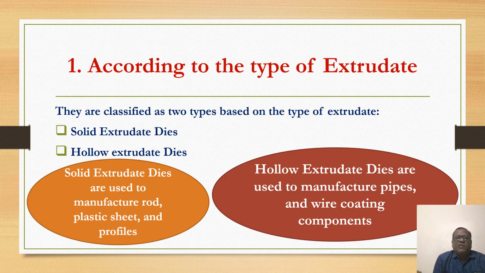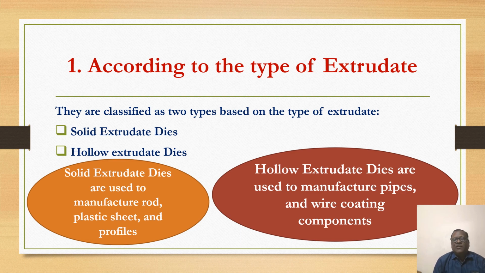The first one is according to the type of extrudate. According to the type of extrudate, there are two types of dies. One is solid extrudate dies and the second is hollow extrudate dies.